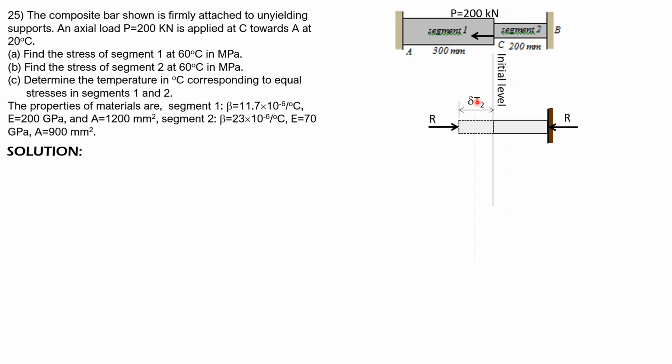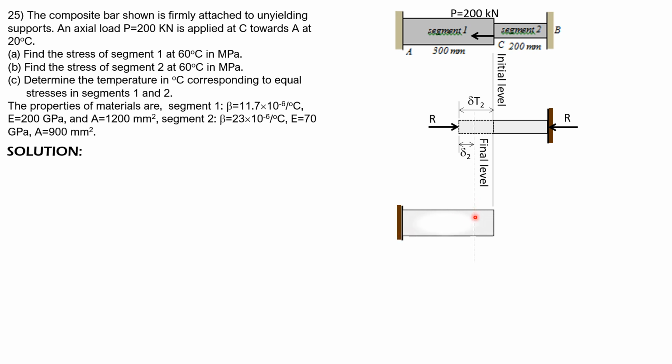Then because of the presence of segment 1, because of the compressive reaction, this will go back to this level here, and this deformation or displacement is due to compressive stress in segment 2. So that's the delta 2.